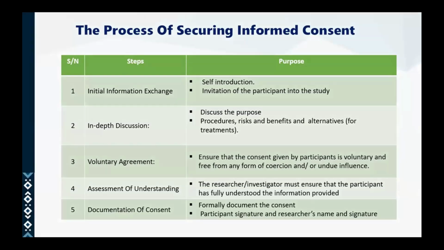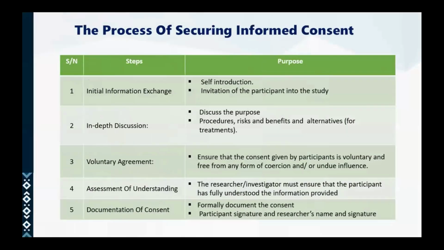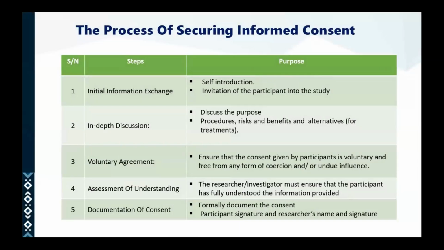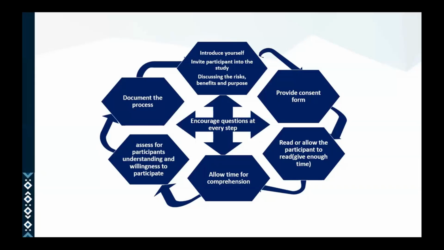Voluntary agreement: ensure that the consent given by participants is voluntary and free from any form of coercion or undue influence. Assess for understanding: the researcher or investigator must ensure that the participant has fully understood the information provided, and then you formally document the consent, participant signature, and researchers' full names and signature.